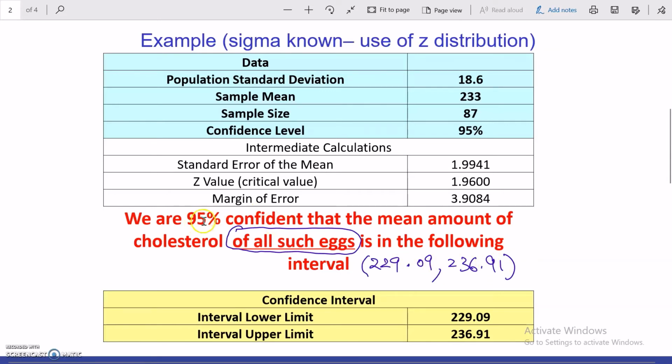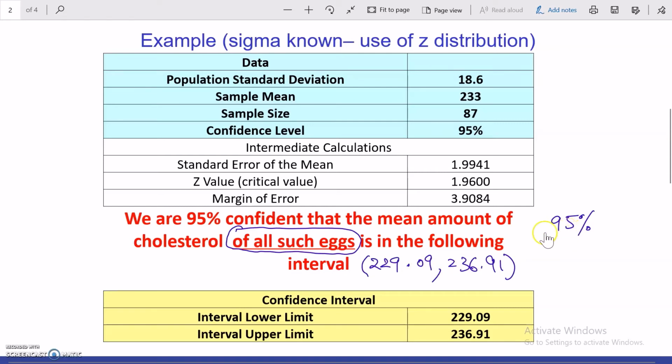What is another way of saying this? It means that if I construct 100 such intervals, then 95 of them will contain the true population mean, and maybe 5 of them may not be able to capture the mean content of cholesterol of all such eggs. This is another way of understanding this particular confidence interval.